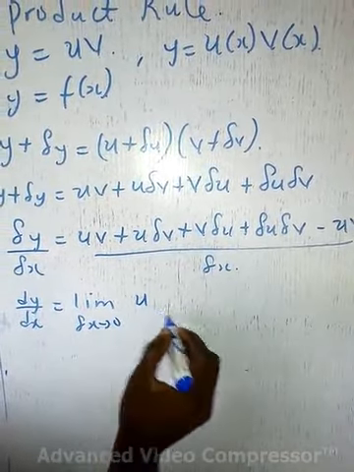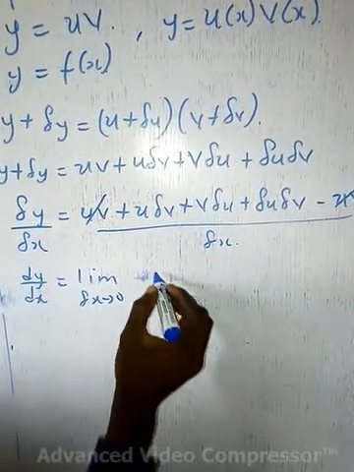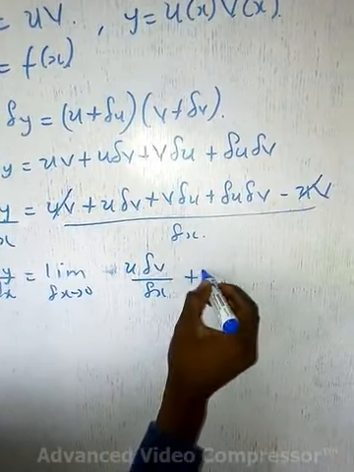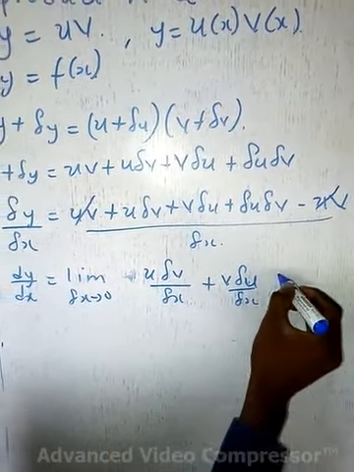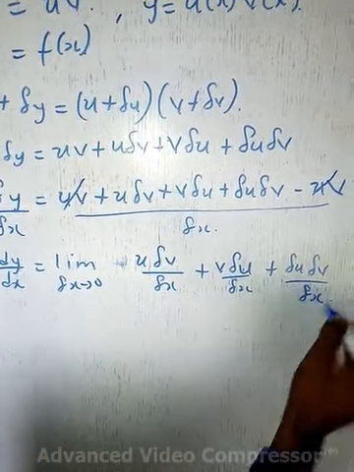Then we have uv. You observe that your uv cancels your uv. Then we have u changing v all over changing x, plus v changing u all over changing x, plus changing u changing v all over changing x.